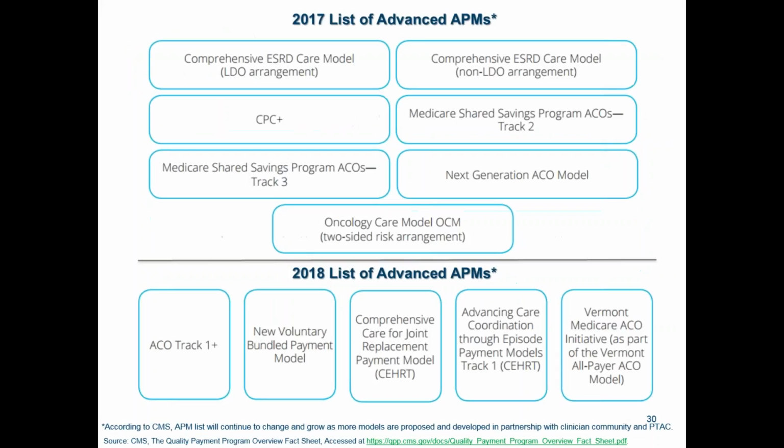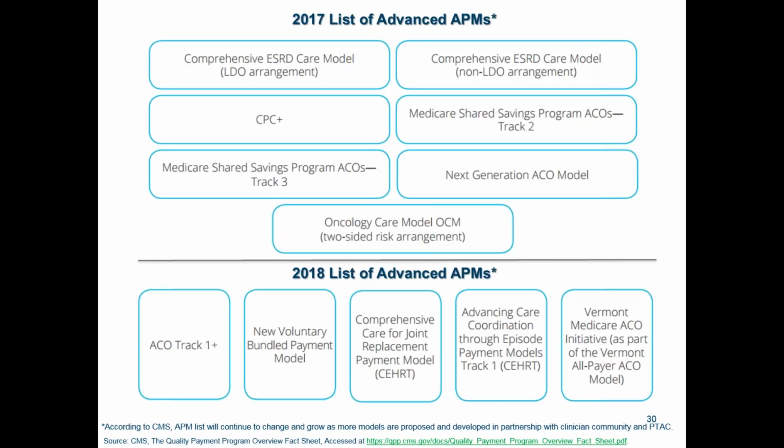Thanks, Maria. As you can see, the advanced APMs, again, include the oncology model and the Next Gen. Now, CMS is going to be opening up. A big concern when the reg came out, of course, was that only 1 or 2 of these advanced APMs were still open for folks to sign up for 2017.